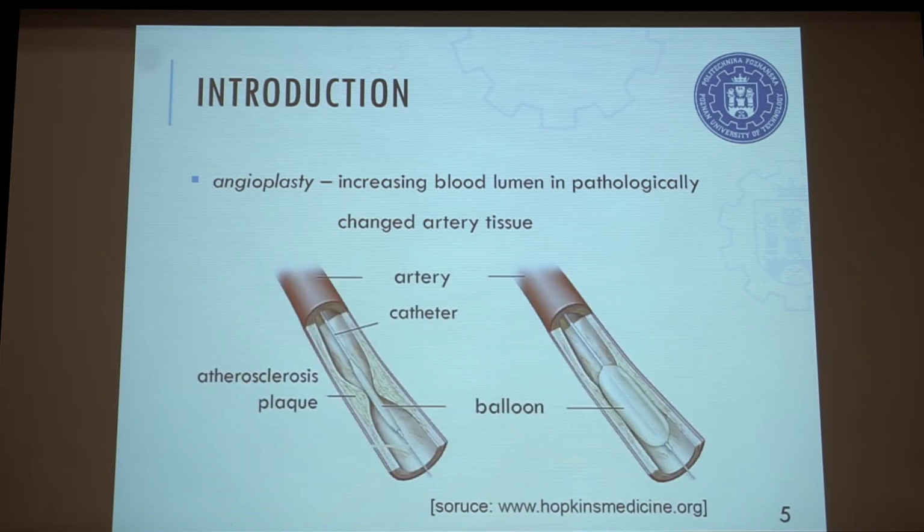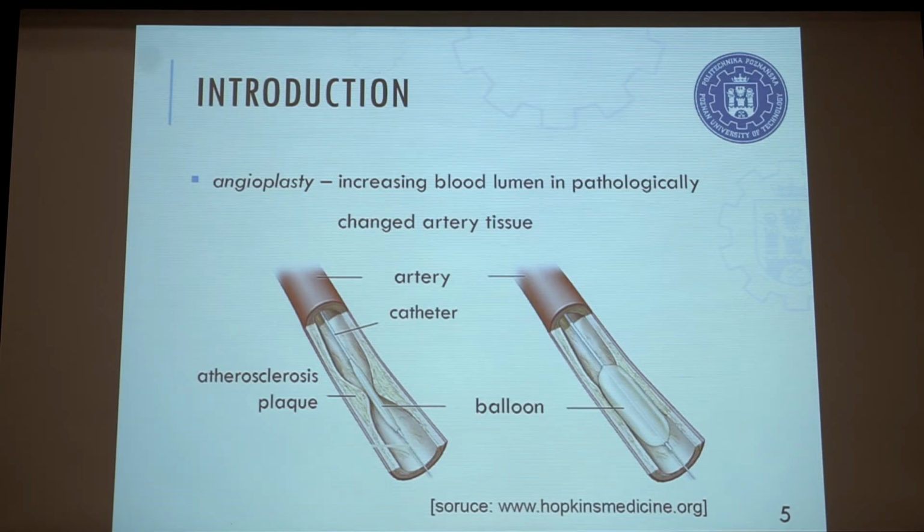And one of the ways to overcome this reduction of the blood flow is to introduce the balloon in the place where the plaque is formed, through the wrist axis or by the groin. Of course, this is done by the physicians during the intervention.